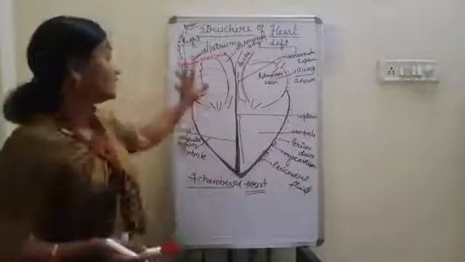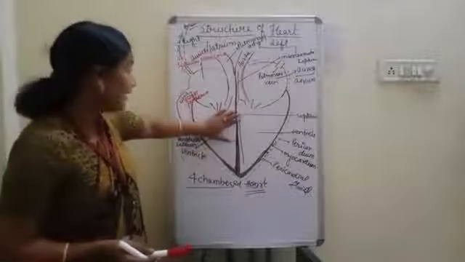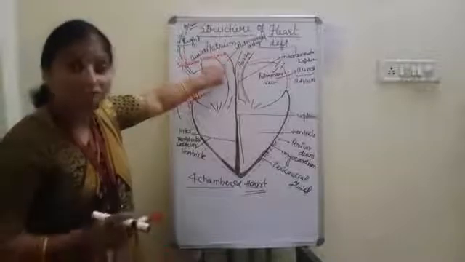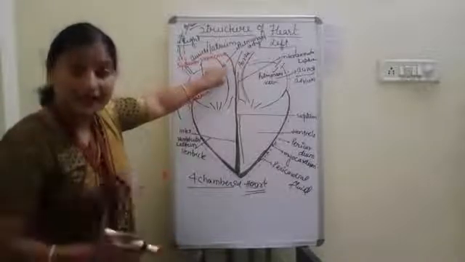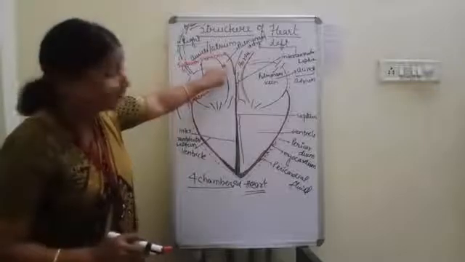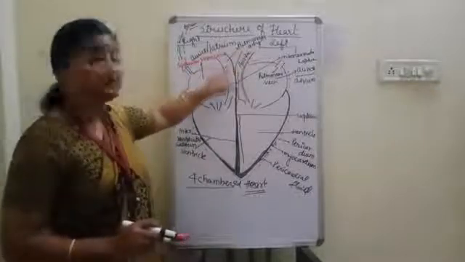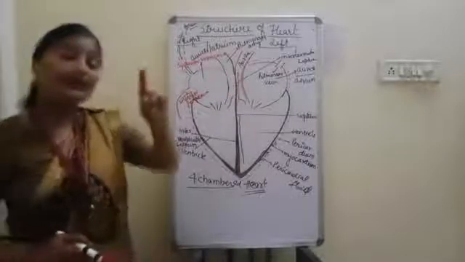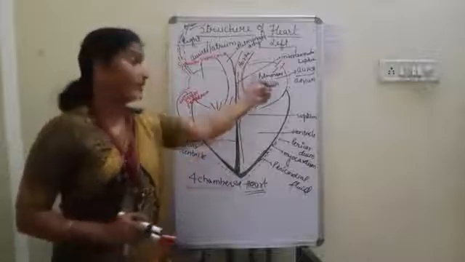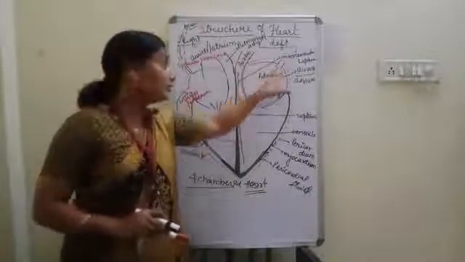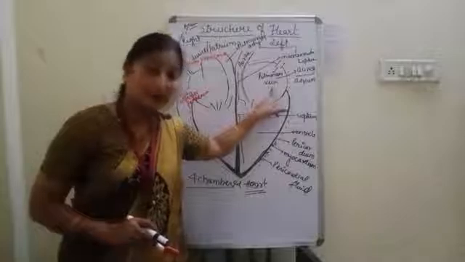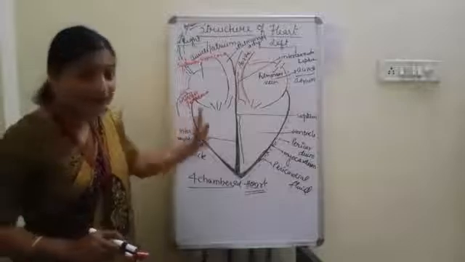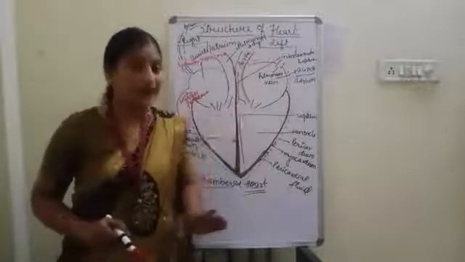Okay, near the heart we have the pulmonary artery. Although arteries generally carry oxygenated blood, near the heart the pulmonary artery will carry deoxygenated blood, and veins generally carry deoxygenated blood, but near the heart the pulmonary vein will carry the oxygenated blood. Okay. So this is the labeling only. After this labeling, we will see the function again.